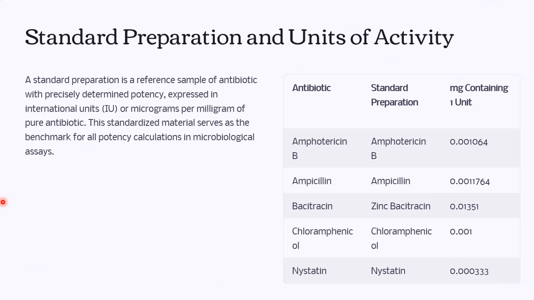For chloramphenicol, we use 0.001 milligram in 1 unit, and for nystatin we use 0.000333 milligram in 1 unit. That is, standard preparations are reference samples of antibiotic used for determining the potency of the test antibiotic solution.